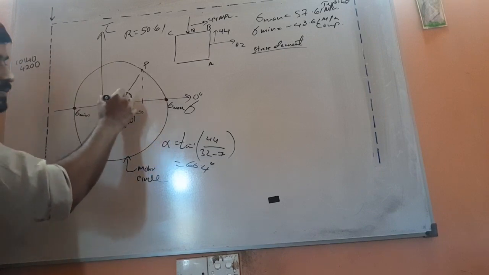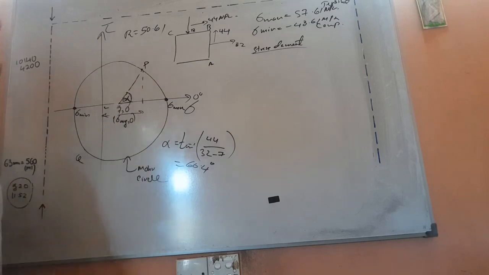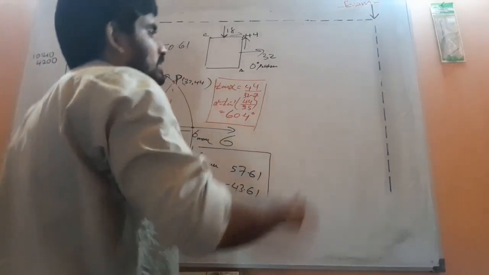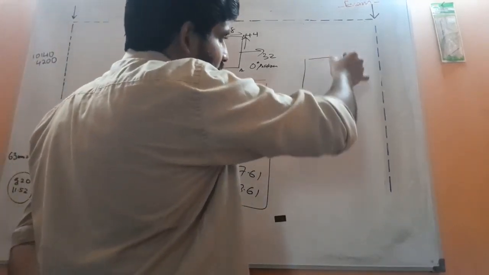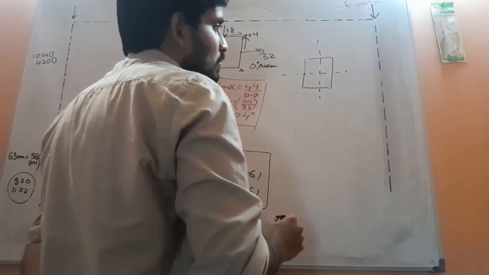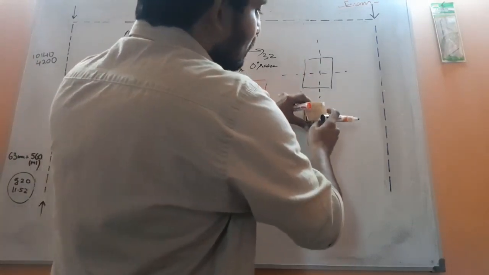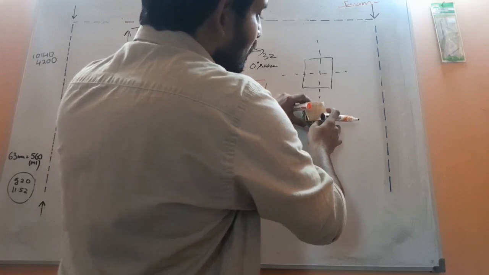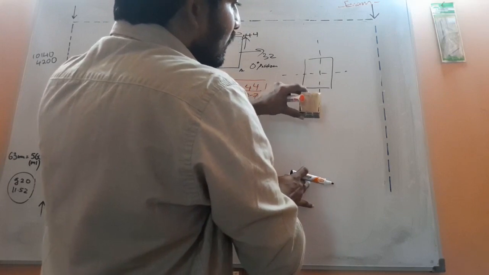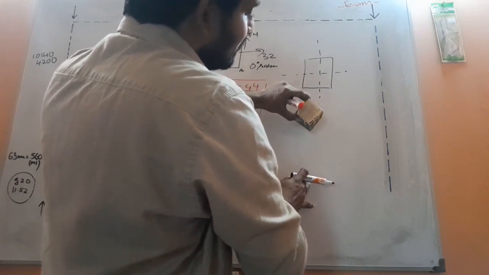So then you can find the maximum principal stress. So that is the scenario that we are going to represent in the stress element. Let me teach you that. So now, as you know, initially the stress element is like this. So now you have to rotate this element by alpha degrees along the clockwise direction. Understand? Right. So means somewhere like this.